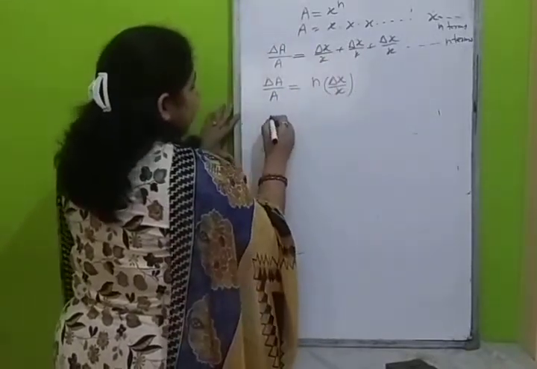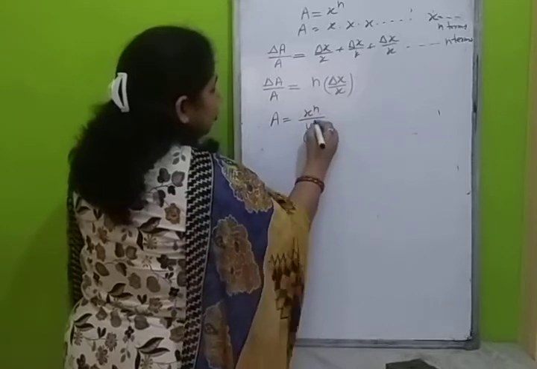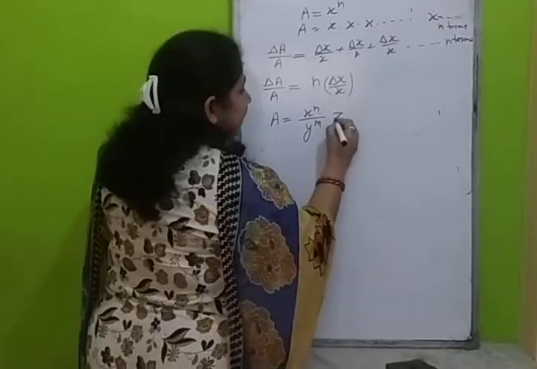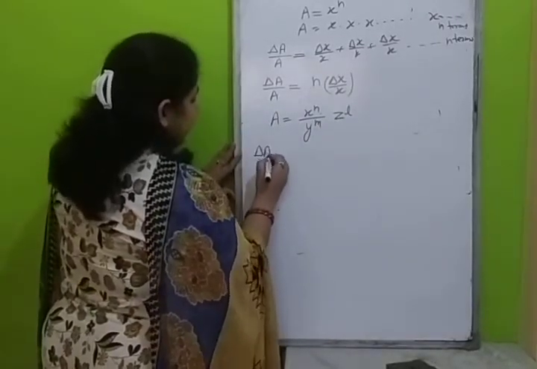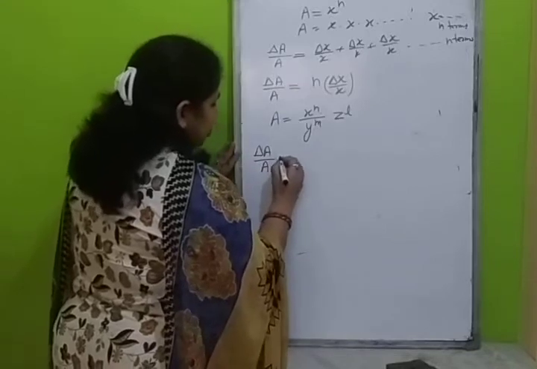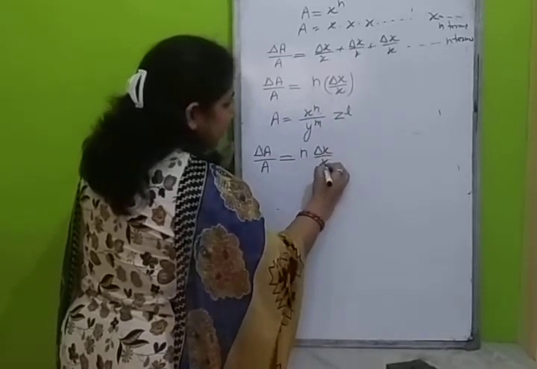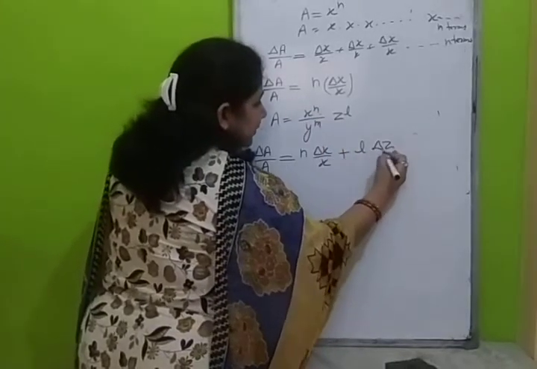Now we can derive the formula with the help of this relation. Means if we have A is equal to x to the power n upon y to the power m, or so many terms, we can take z to the power l, then delta A upon A should equal n delta x upon x plus l delta z upon z.